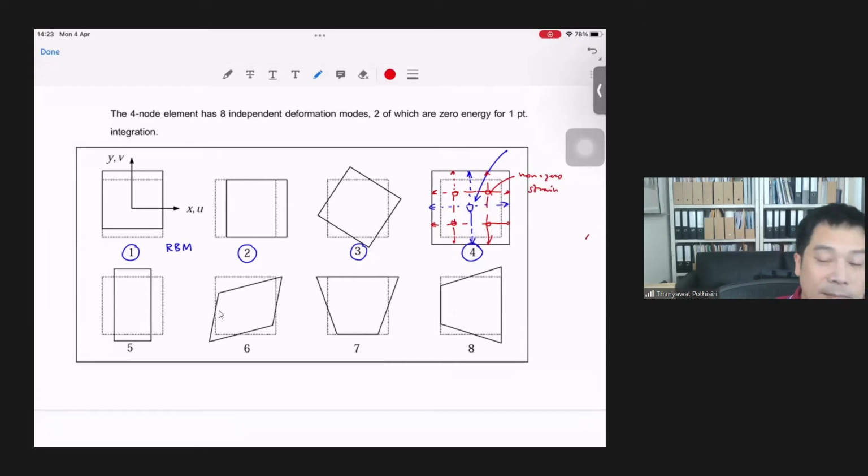Okay. So in this fourth mode of deformation, either you use 1-point rule or 2-point rule, the strains are non-zero.